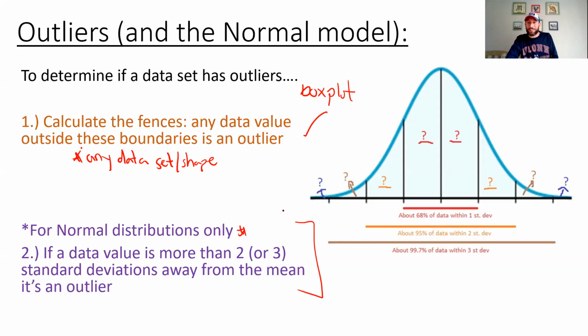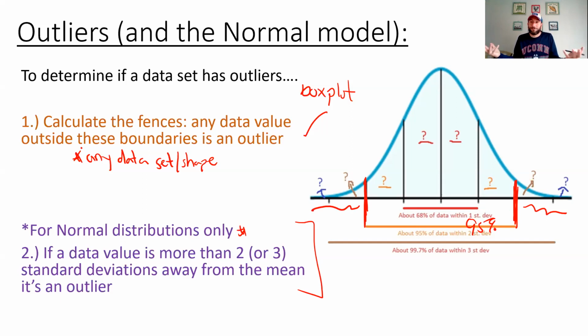Here, we can say that if a data value is more than 2 or 3 standard deviations from the mean, it's an outlier. Now the 2 or 3, some textbooks say 2, some say 3. But who cares what the definition is in a book? Let's understand it. It should make sense to say, about 95% of the data is within 2 standard deviations. So only 5% of the data is outside 2 standard deviations from the mean.